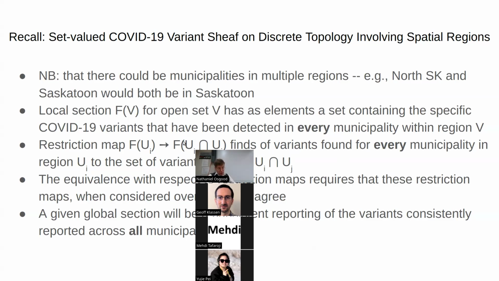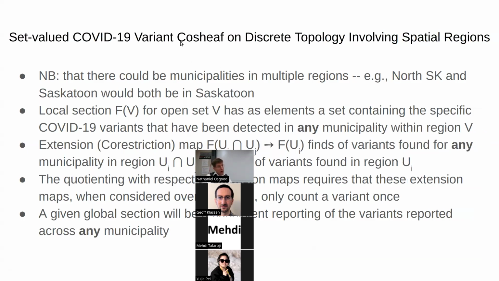It's just finding this in this. And the equivalence with restriction maps requires that they map down to shared elements. And a given global section is consistent reporting of, this is again for sheaves, variants consistently reported across all municipalities.